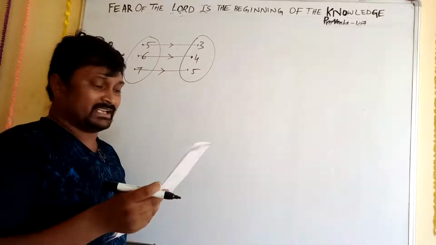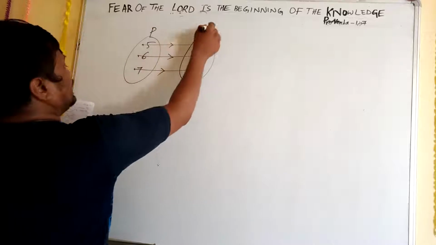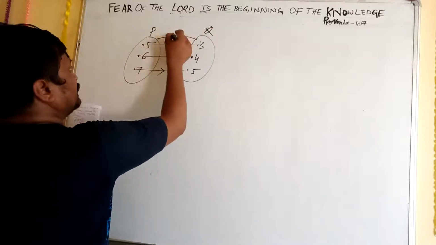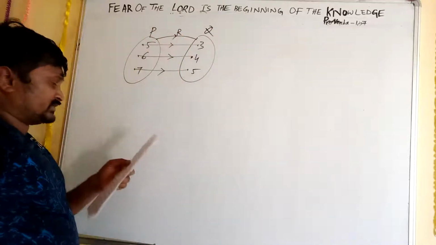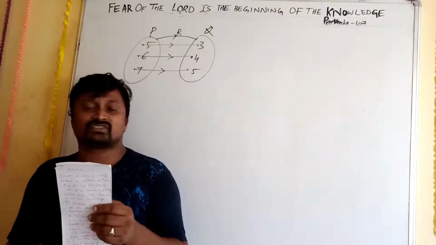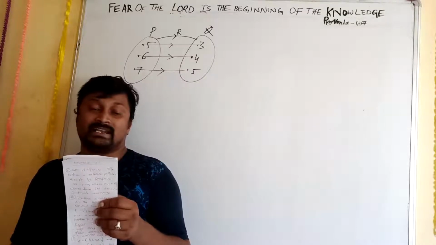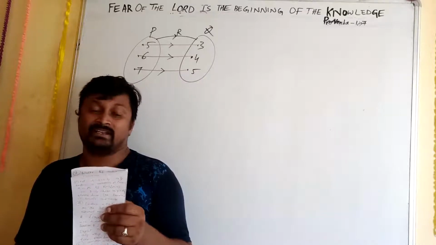So first one they have written in set builder form. So this is the P set and this is your Q set and this will be some relation. What they have given is: the figure 2.7 shows a relationship between the sets P and Q. Write this relation in set builder form.